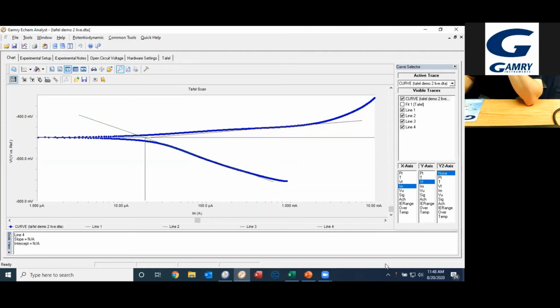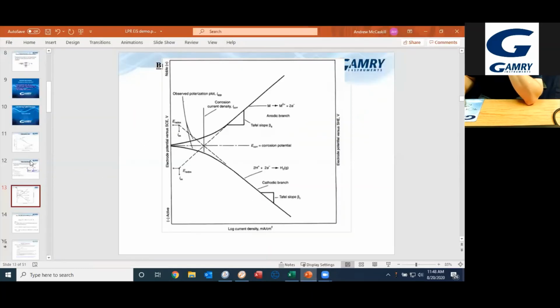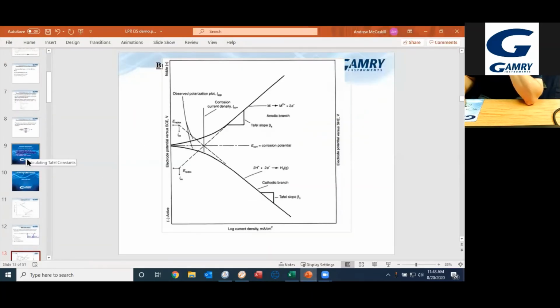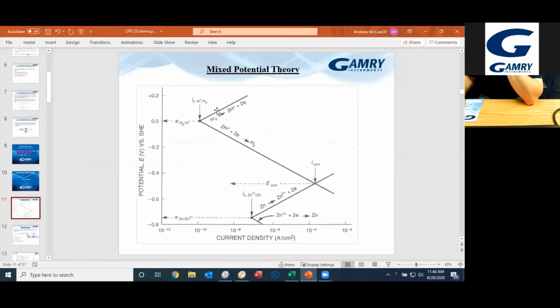When we go back and we look at this mixed potential theory right here, this is assuming that these are the only two reactions that are taking place. The only metal on the surface is zinc. But what if you have some kind of alloy, and you have zinc, you have steel, you have titanium, you have all kinds of different materials on the surface? All of those are contributing to what this I-corr value is.